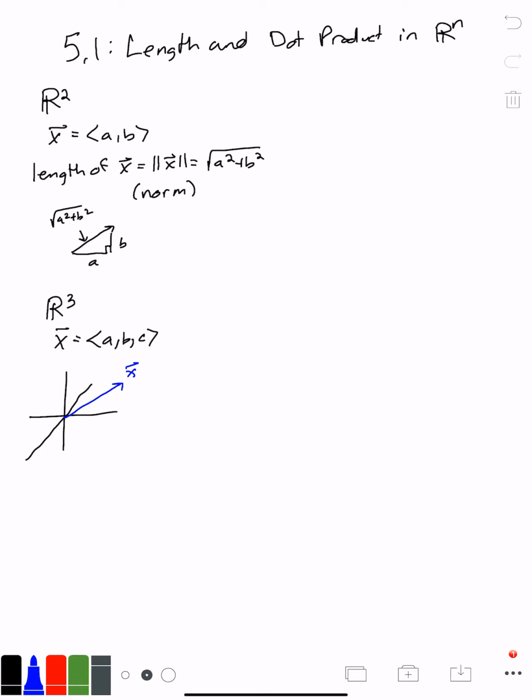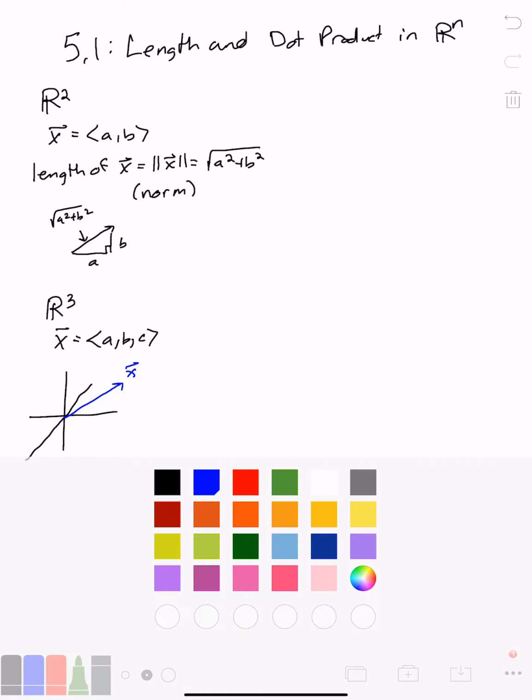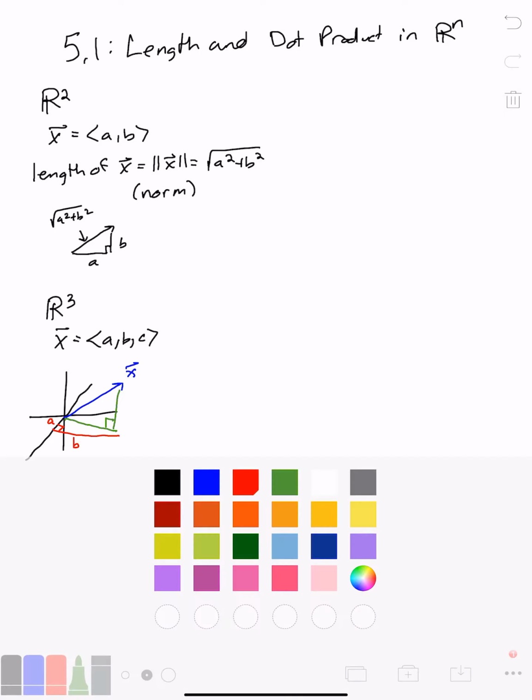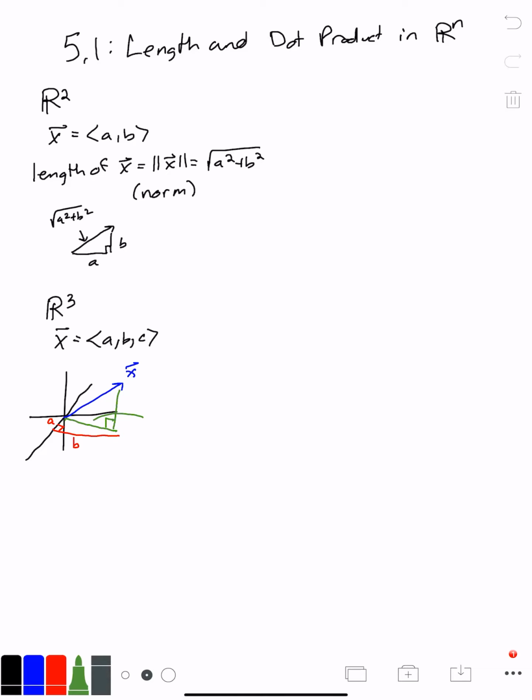So we have our vector x, and we draw down here, and if you have your (a, b) here, then this side becomes, by Pythagorean theorem, the square root of a squared plus b squared.